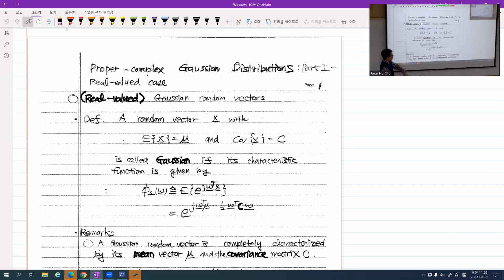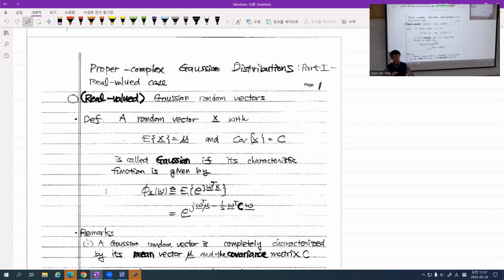See, here you have e to the, and whenever you have e to the, we as electrical engineers remember Fourier transform, e to the j 2 pi ft or j omega t. Same, e to the j omega, and here goes the mean vector, and the inner product of this vector valued omega and vector valued mu. Got it? So this becomes a scalar.